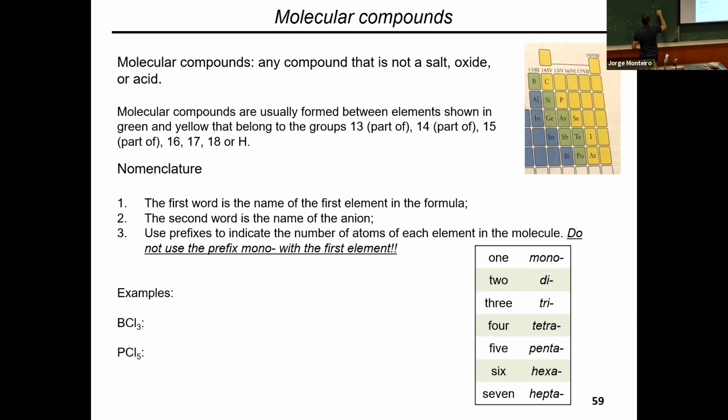So Cl comes from Cl minus. Cl minus is chloride. And because we have 3, we have to add the prefix: trichloride.